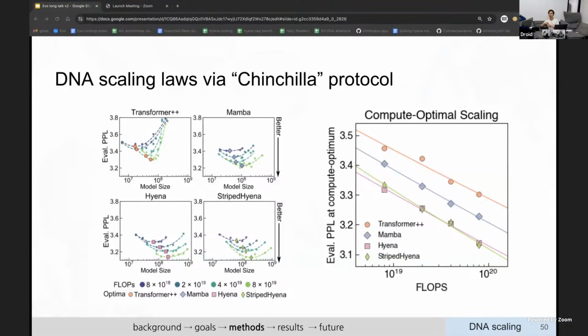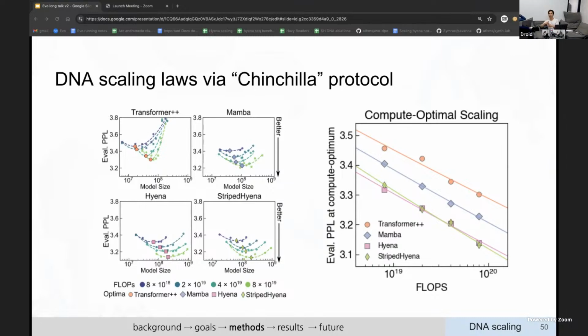And so the idea is we do this ahead of time to get a sense of the scaling dynamics and scaling laws, or the trends between different architectures that are prevailing in DNA modeling. These include transformers, but also newer architectures like Mamba, and of course the Hyena and StripedHyena versions as well.